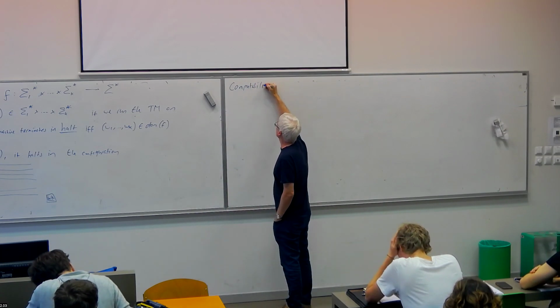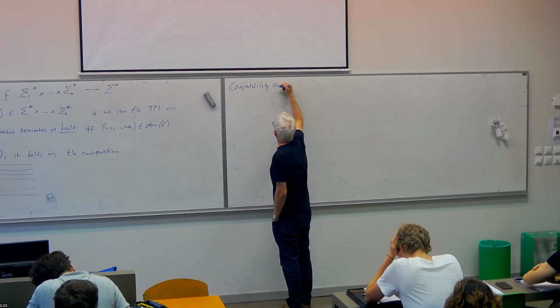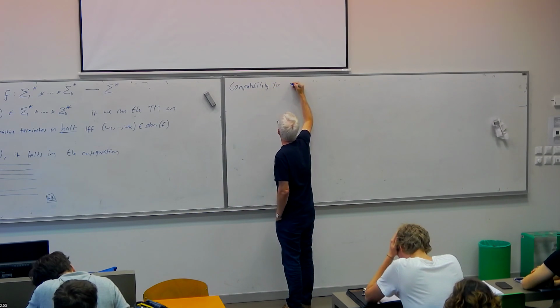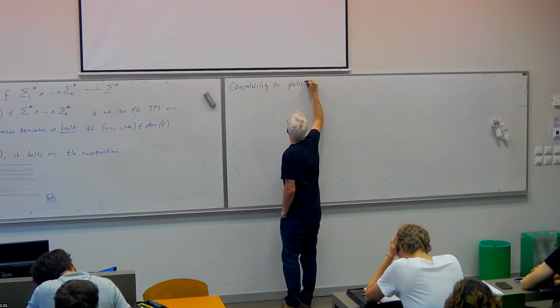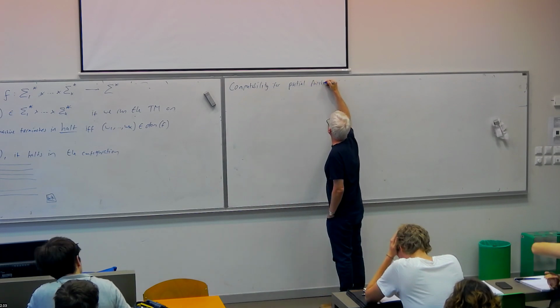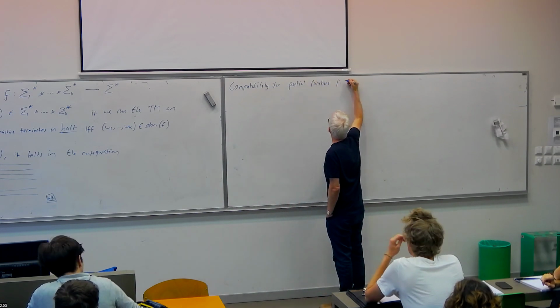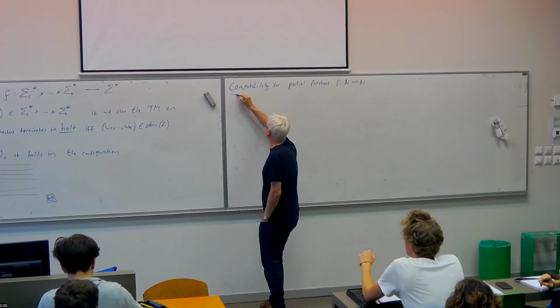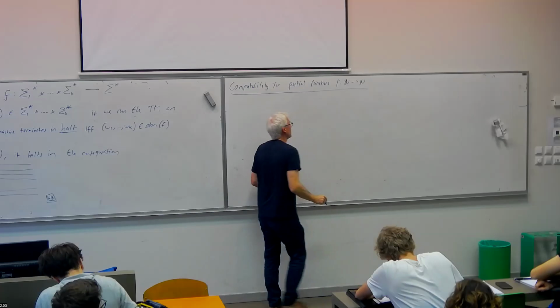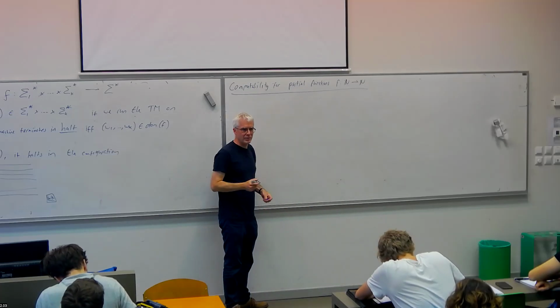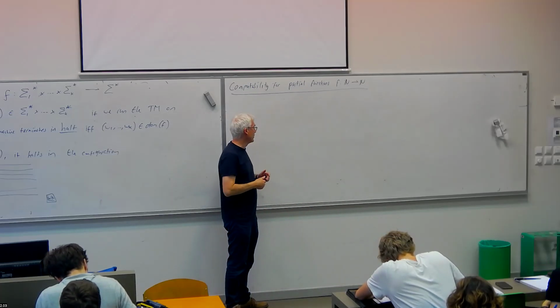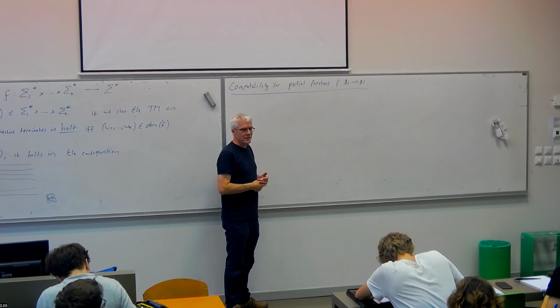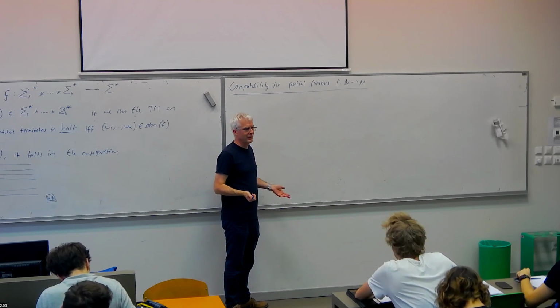So computability for partial functions from natural numbers to natural numbers. It's a very common application area of computation, functions on natural numbers. So what's the obvious way of doing this?